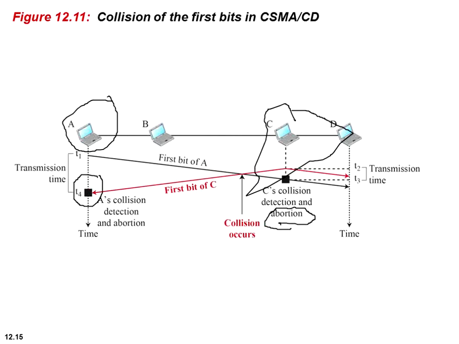When it receives the first bit of C's frame, it also immediately aborts transmission. Now we see that A transmits for the duration T4 minus T1. This is the transmission time, T4 minus T1. And C transmits for the duration of T3 minus T2.